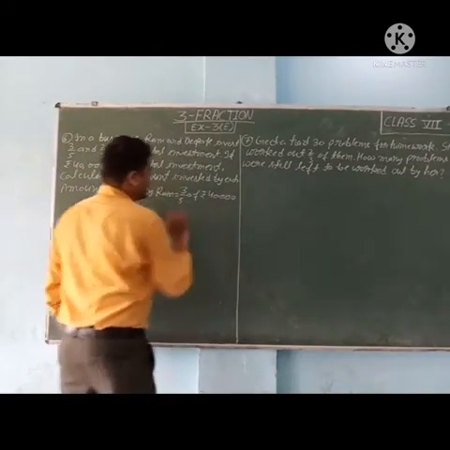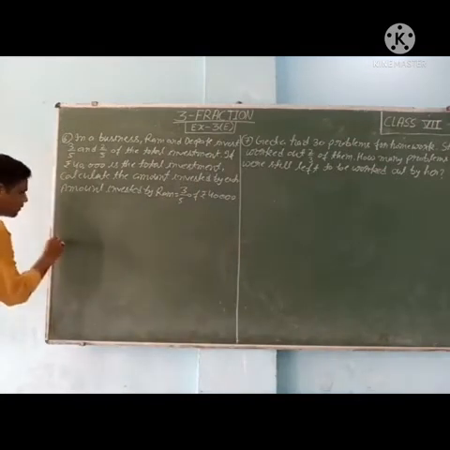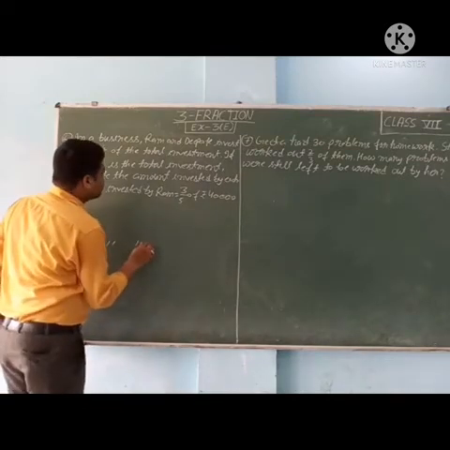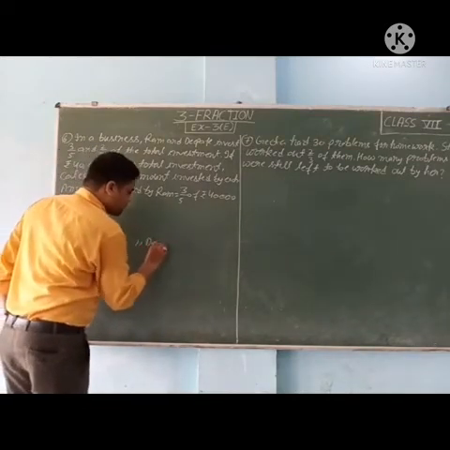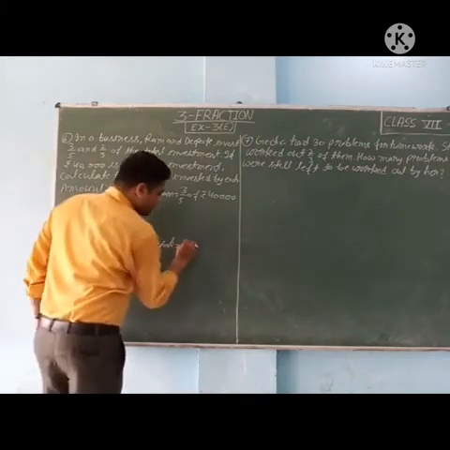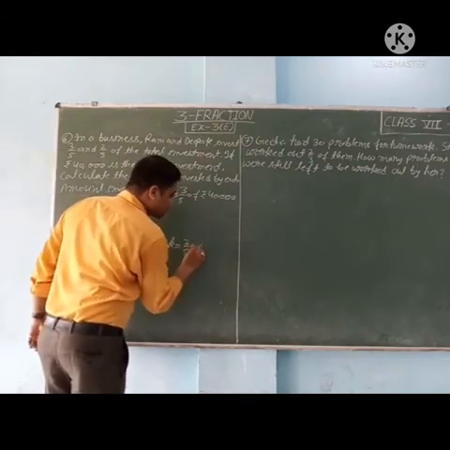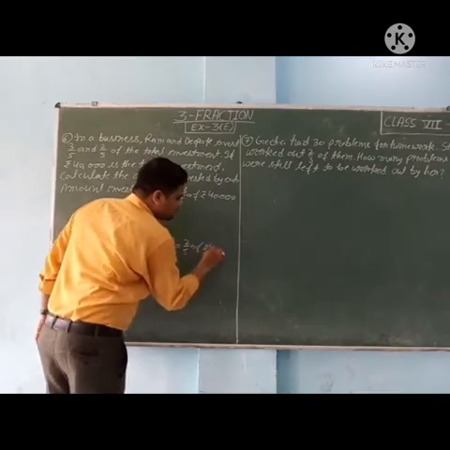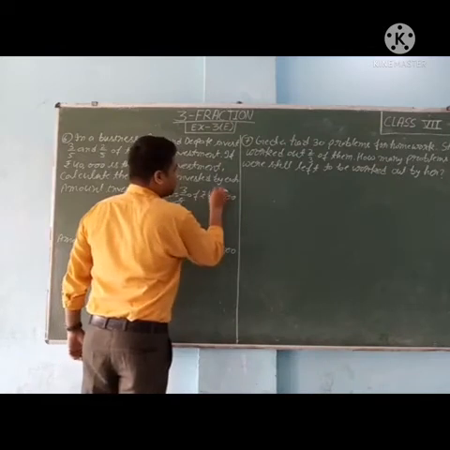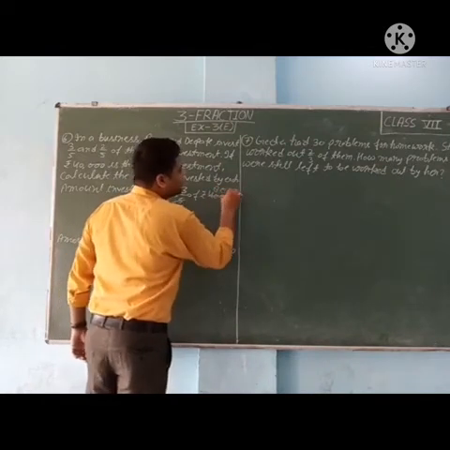So we can find this. Then amount invested by Deepak is equal to 2/5 of total investment, that is rupees 40,000. So 5 eights are 40 and 3 zeros.